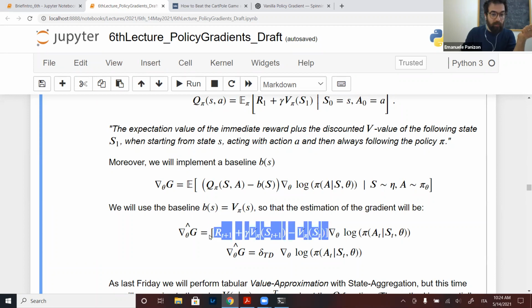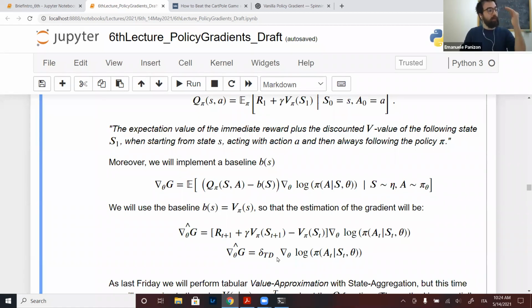And this, which is the new way we are going to estimate the quality instead of using the return, is nothing else than the TD error. Okay, so REINFORCE is the Monte Carlo approach. Now actor-critic, with this choice of baseline, has essentially crossed over from Monte Carlo to TD error.